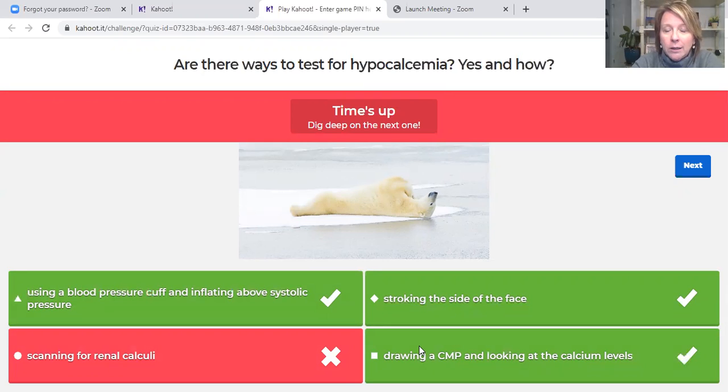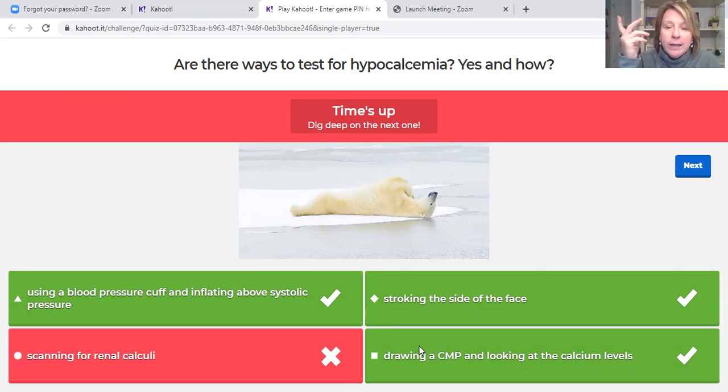Scanning for renal calculi, it says no, because as nurses, we're not going to just go say, hey, let's go scan them. But if they're in a hypocalcemic state, that means that they have a low calcium in the blood. So they probably wouldn't have renal calculi. You would see that in a hypercalcemic state.